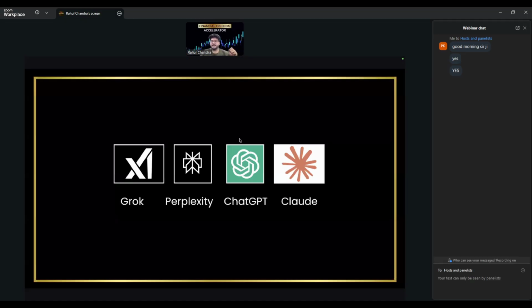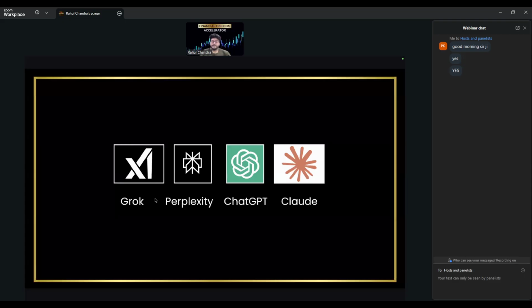ChatGPT is great at doing logical analysis, right? The only thing Grok is able to do better is that it can handle a lot of multiple threads at the same time. ChatGPT can do better at longer threads, right? And Claude is hands down the best when it comes to coding, financial analysis, and data analysis.